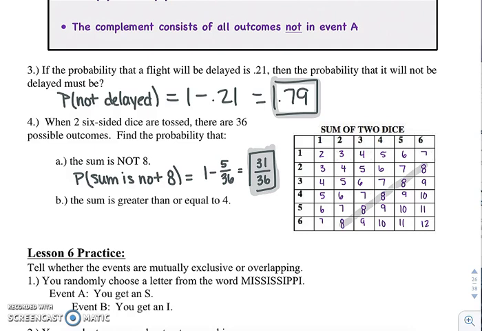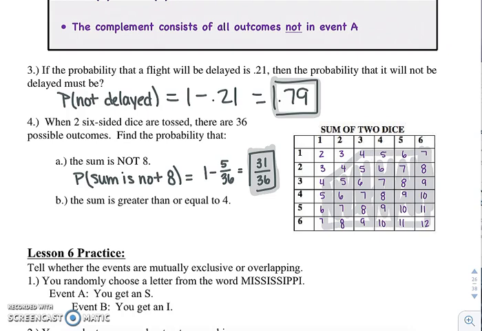So then B just asks, okay, what's the probability that the sum is greater than or equal to 4? So we can include 4. So it wants all of these guys, greater than or equal to 4.